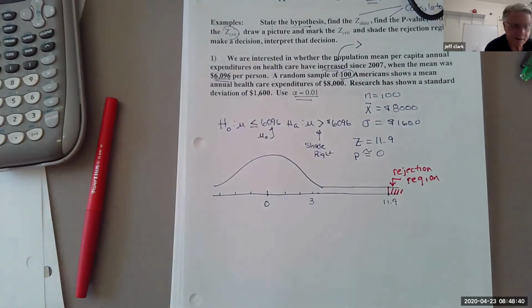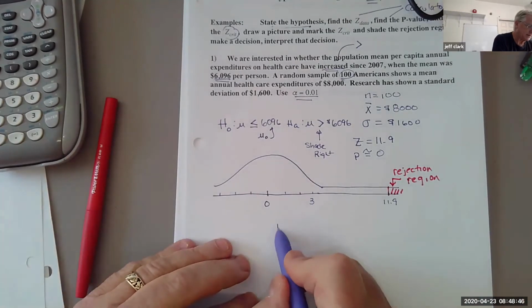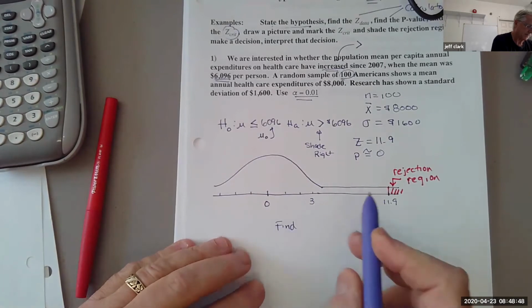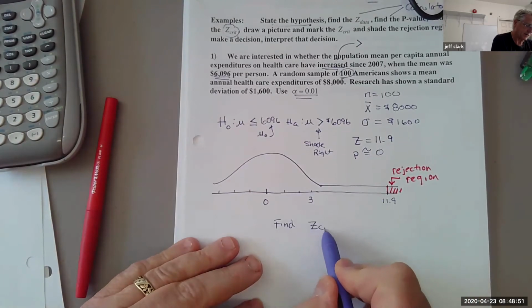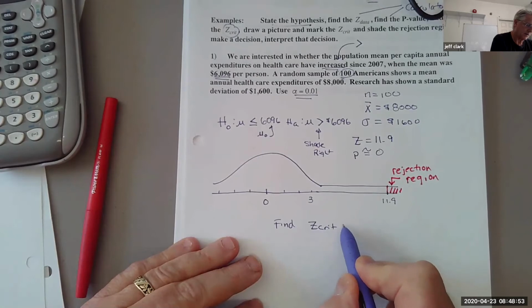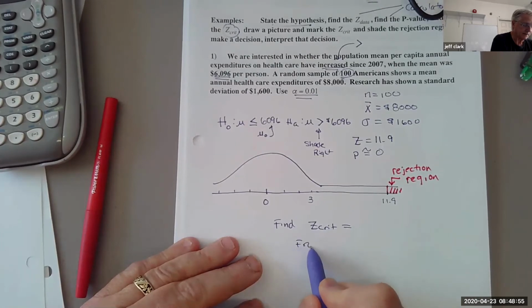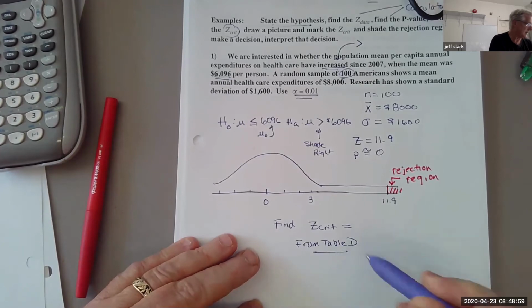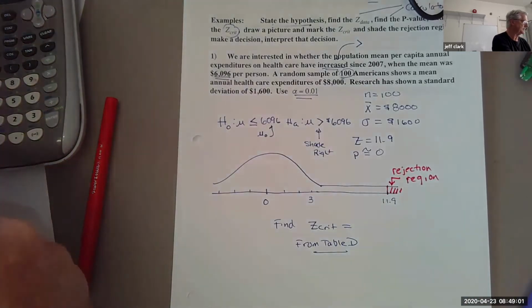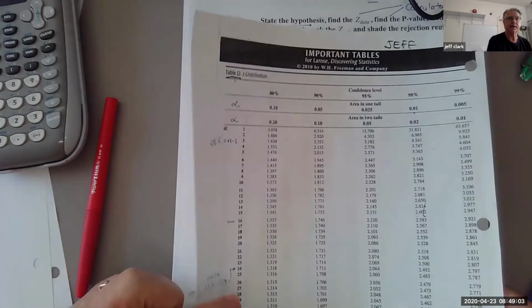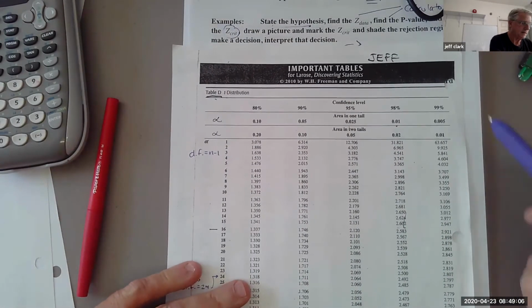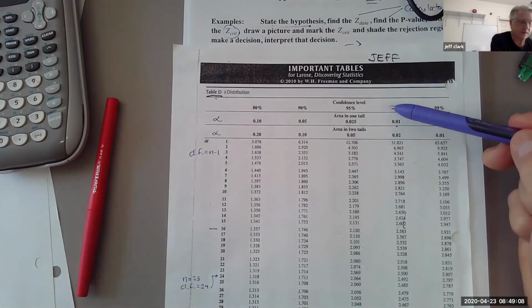Okay, so now what? Well, I want to find this critical number. This is from Table D. Here's your Table D. And before, we looked at confidence intervals or levels.